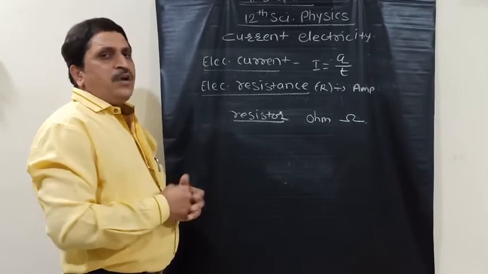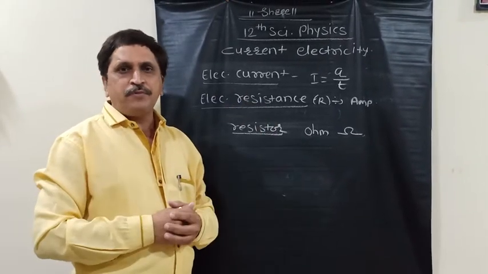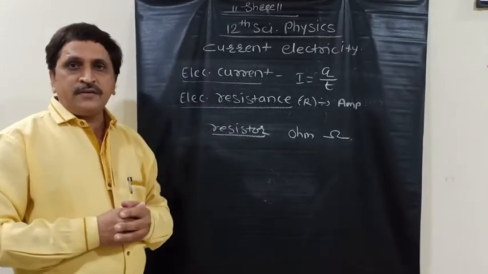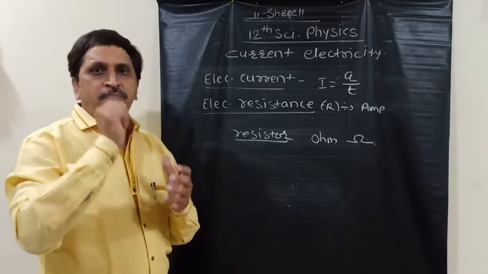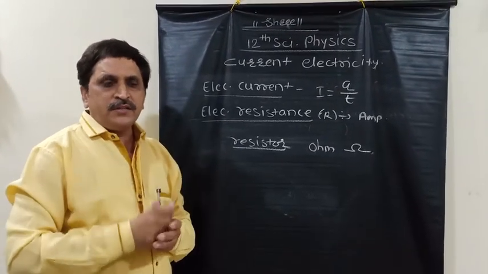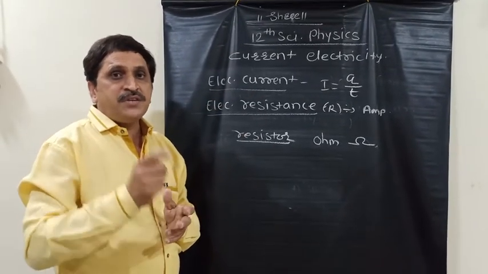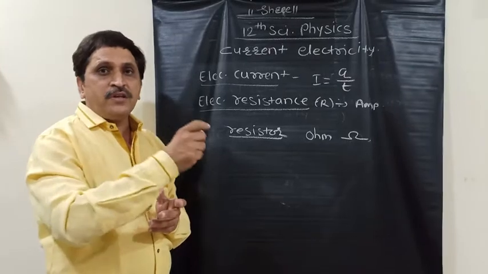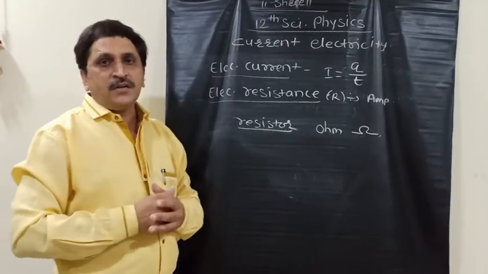Now, if we have taken one copper rod and we don't apply any potential difference, then up to this it is clear that electric current cannot pass through the conductor. When we apply a potential difference across the conductor, the free electrons present in that conductor come in a single direction, they flow in a single direction, and then we can say that electric current flows through the conductor.